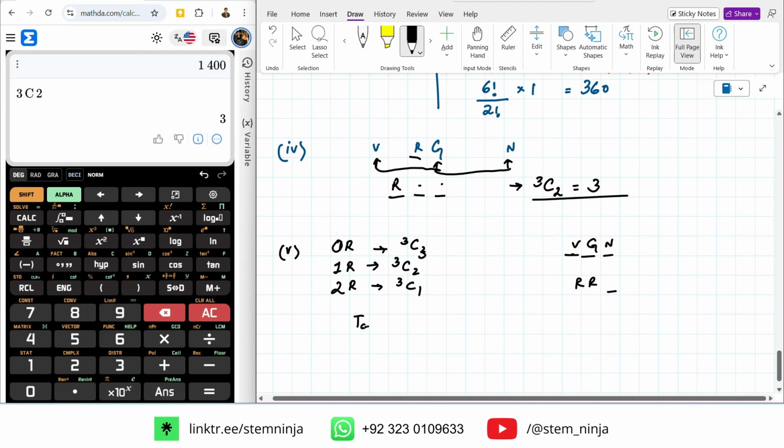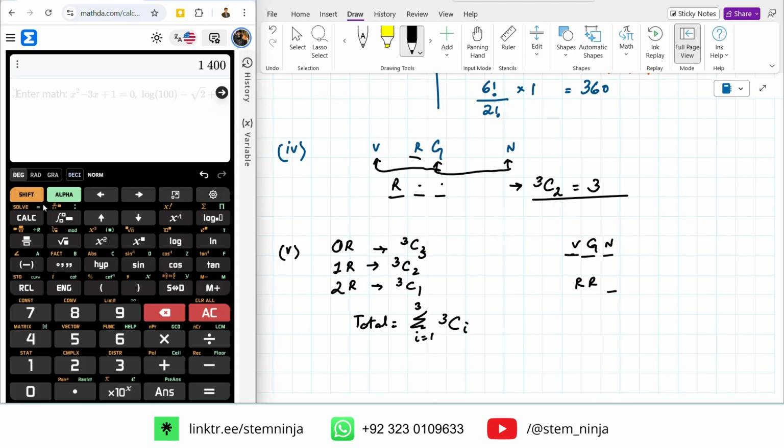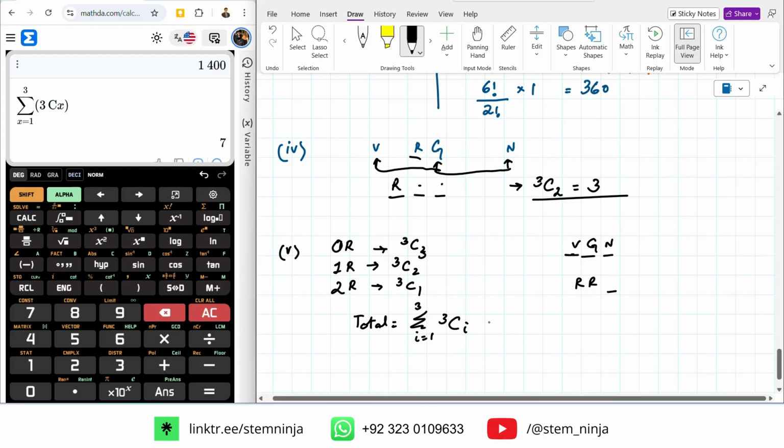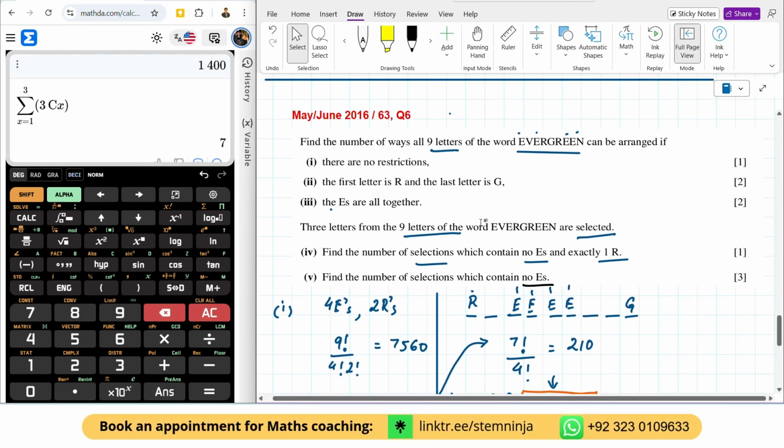So the total would be basically just the sum of 3C3 plus 3C2 plus 3C1. If you have cases like this, you can basically work it out in the calculator. So 3CX from 1 to 3, this is 7. Right, okay. And that's it.